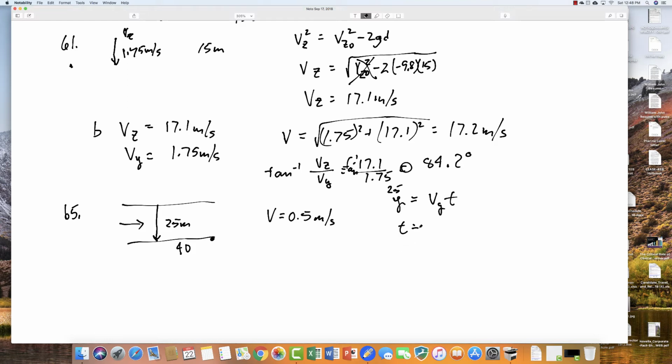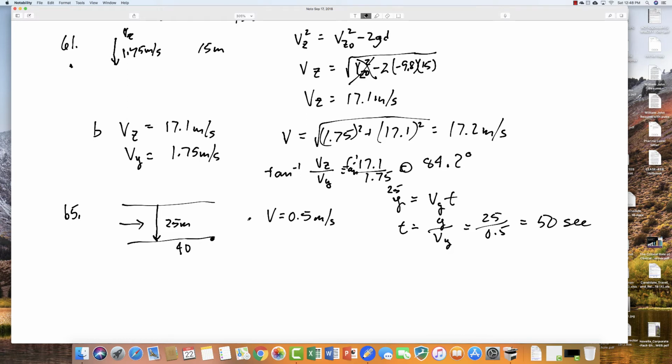So the time is y divided by vy, which is 25 divided by 0.5, which equals 50 seconds. So it takes him 50 seconds to swim across.